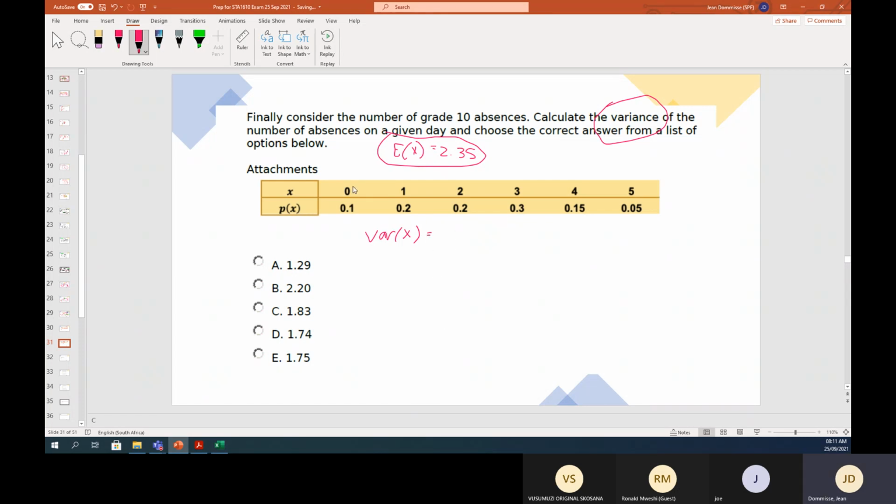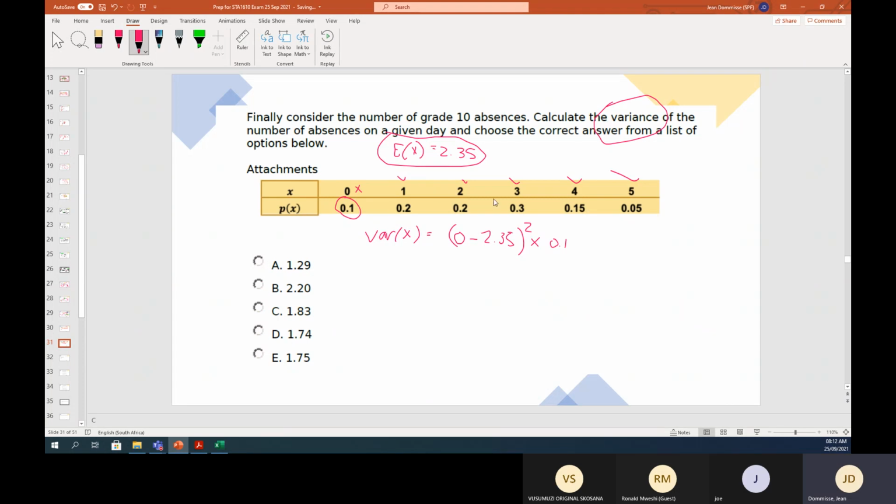So we need to say the x, which is 0, minus the mean that you calculated, we're going to square that, and then we're going to multiply it by the probability. Then we need to do it for all of them.